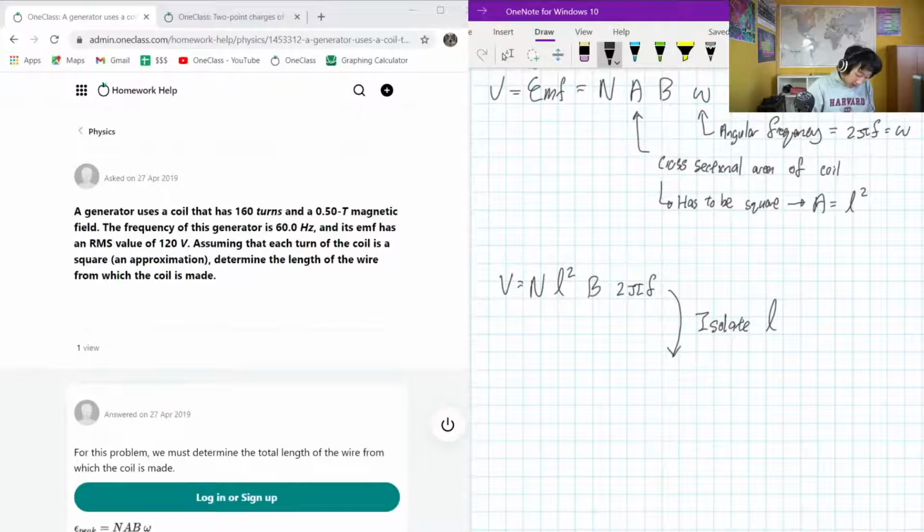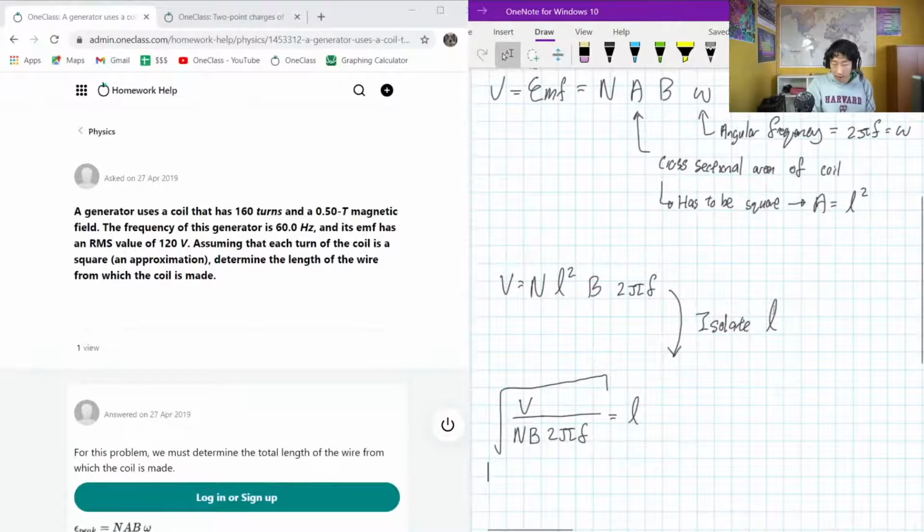So we'll have V over NB 2 pi frequency is equal to L, and we have to square root the left side because the right side would have had L squared before we did that.